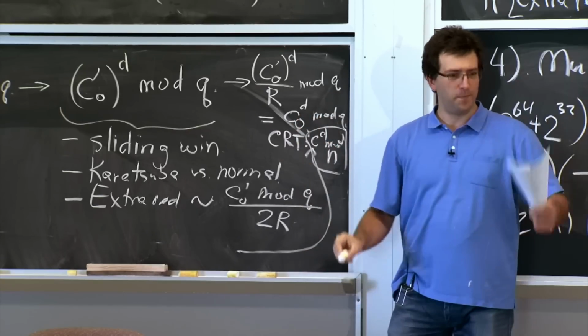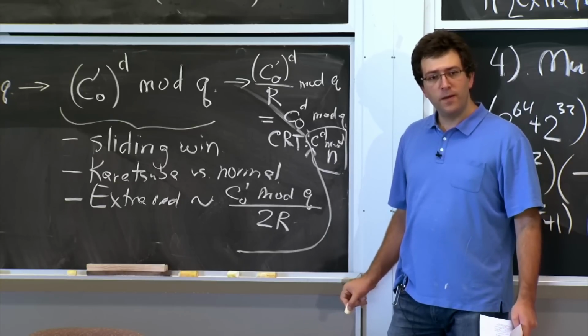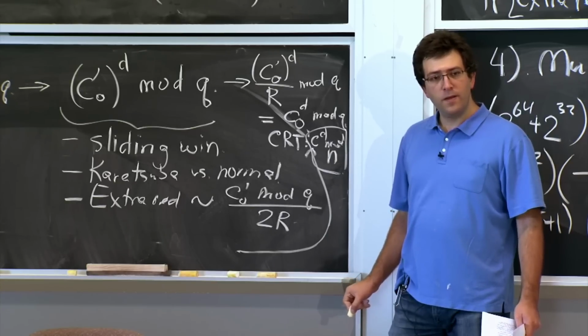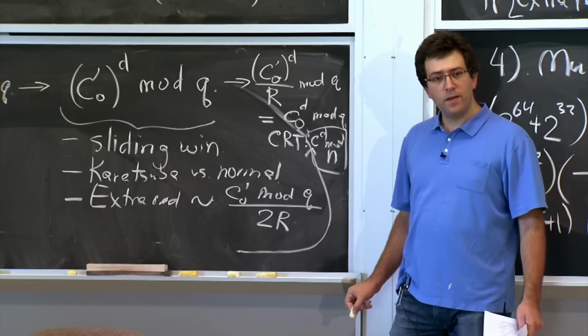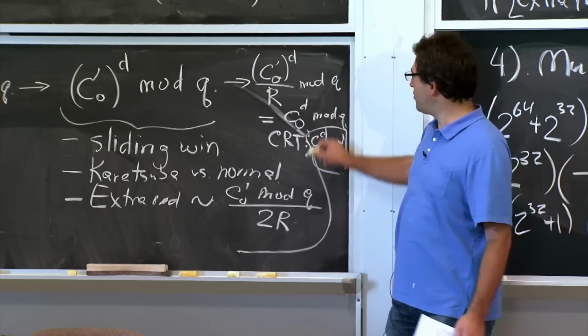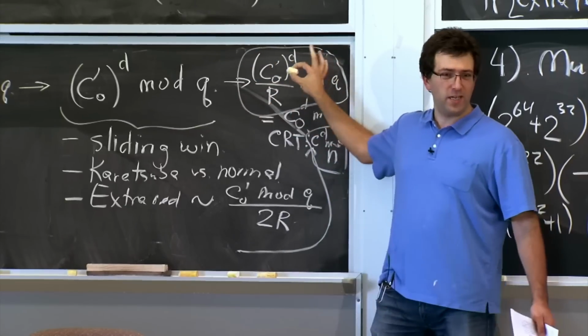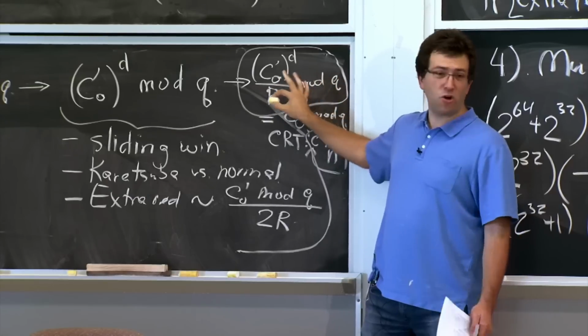Yeah, you're right. Question? When you divide by r mod q, isn't there uncertainty in how many q's you have to add to get the low bits to be 0, and also is there an extra reduction? Yeah, so there might be extra reductions in this final phase as well. You're right. So potentially, we have to do this divide by r correctly.